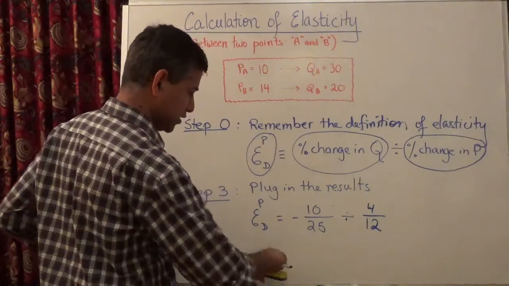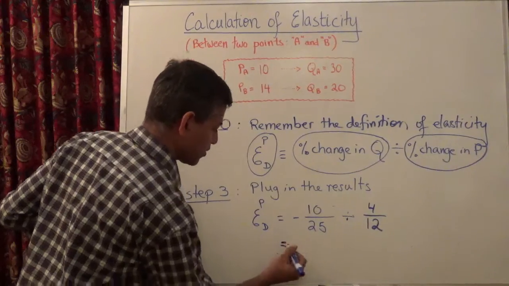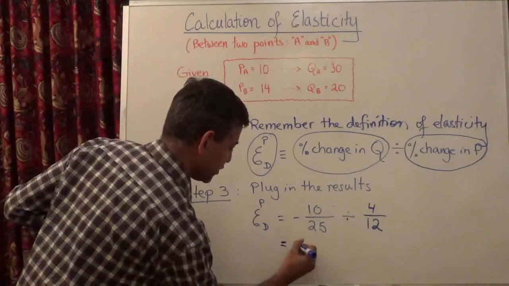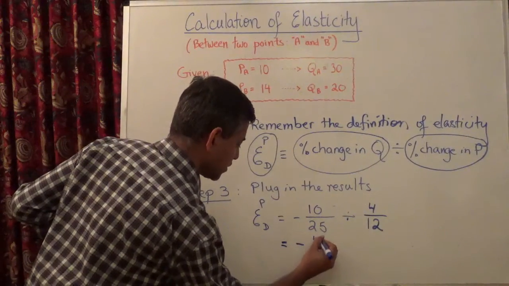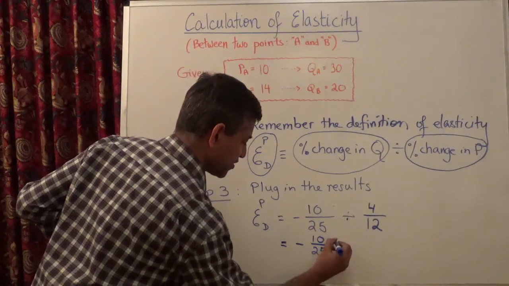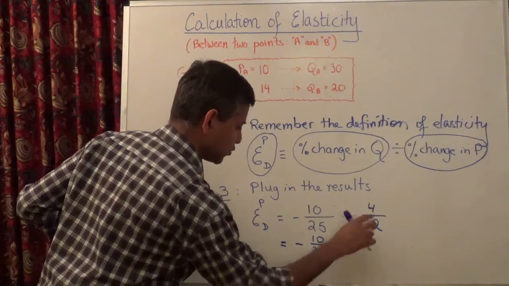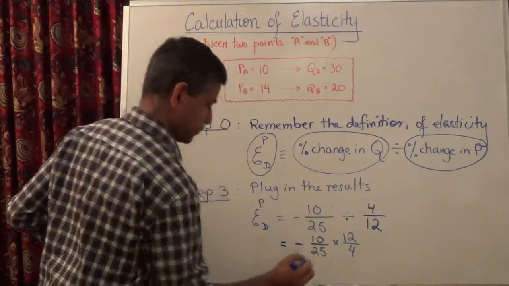I'll go ahead and do that with simplification before I get to the calculator. So negative 10 over 25, and I'll flip this into a multiplication, taking the reciprocal of that.